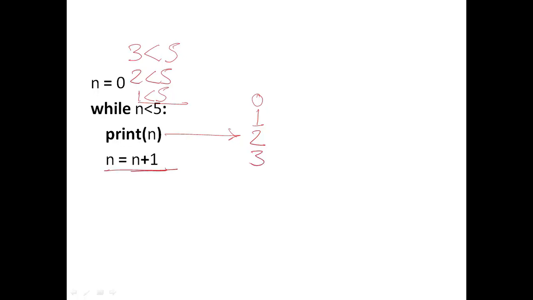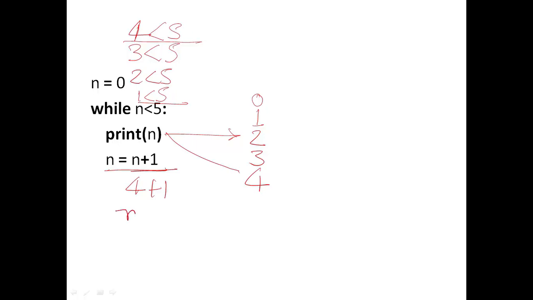Then we will update the value of n by plus 1, so it becomes 4, and 4 is less than 5, so this is again a true condition, so we will execute the print statement, print n. This will give the answer 4, and we will again update the value of n by plus 1.